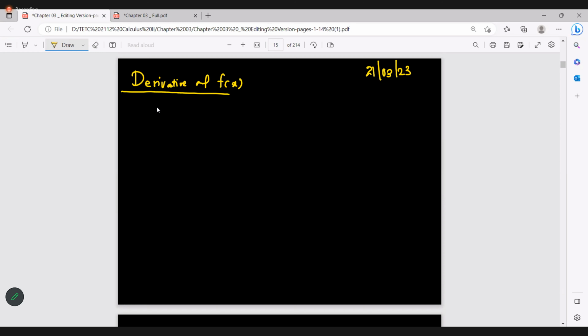If we take the derivative of this function, we are considering d over dx of f of x, and we use the notation f dash x to represent this derivative.